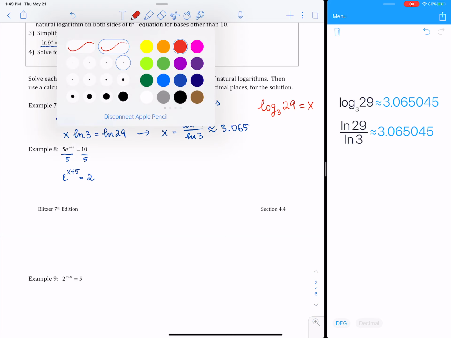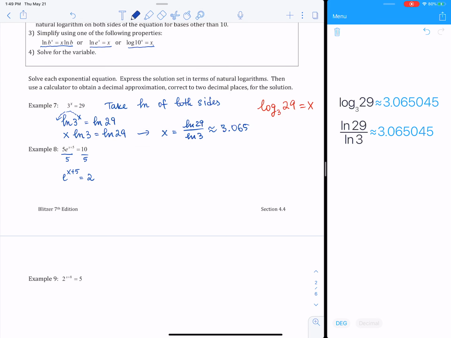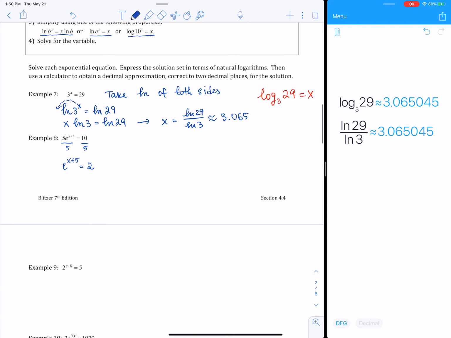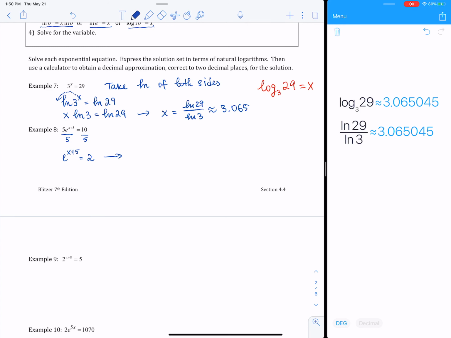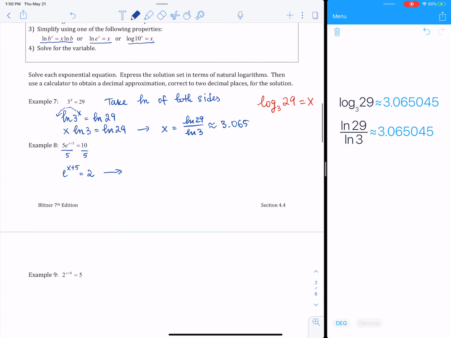The next example, example 8. Here it's handy to directly apply the method that I just mentioned. You can go very fast: the base is e, so convert this to logarithmic form. That's going to be logarithm base e, always go across the equal sign, of 2 is equal to x plus 5.